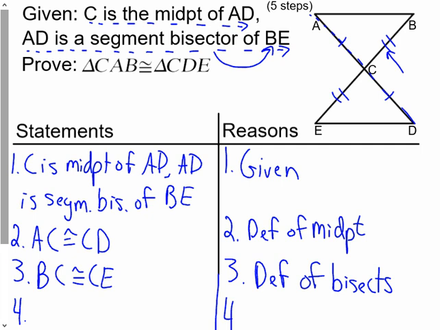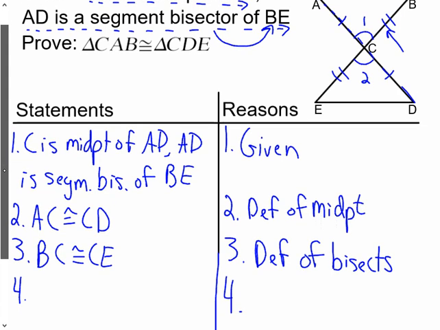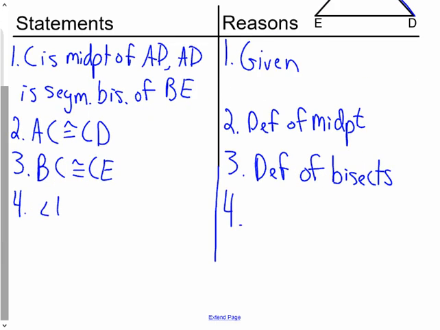Next, I'm done with my given, and I only have two sides, right? So I'm looking, do I have a reflexive for my third side? Nope, right? But we have a vertical angle, right there. 1 and 2 are congruent. And again, you cannot call that angle C equals angle C. You can do 1 and 2 if you label it, or use the 3 letters. Vertical angles congruence theorem, right?